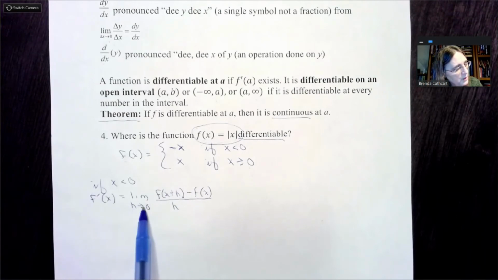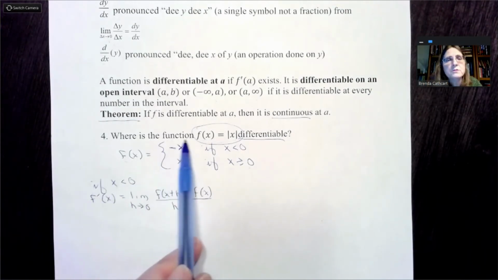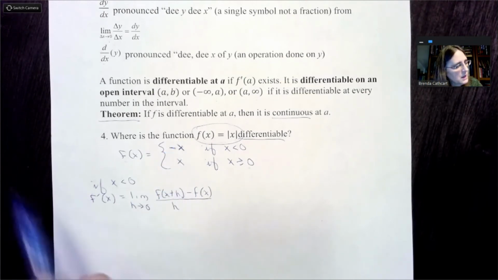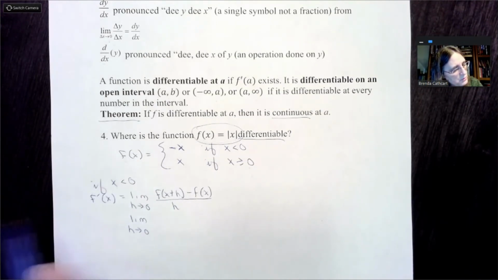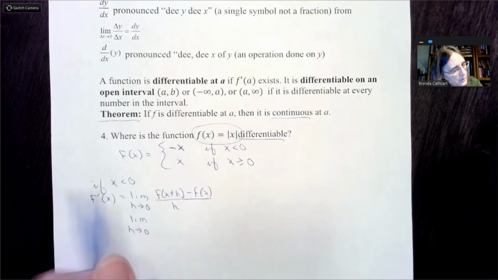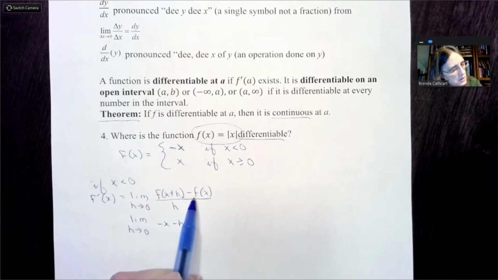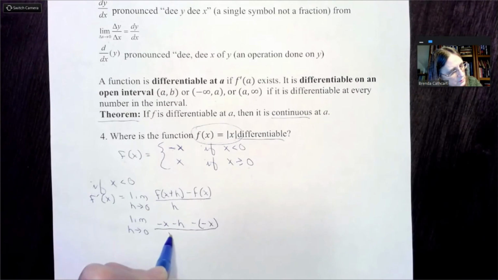Well, the rule that I'm using for this first side when x is less than 0 is the rule f of x equals negative x. So replacing x with x plus h gives us the limit as h approaches 0 of the negative of x plus h, so negative x minus h, minus f of x, so minus negative x, all divided by h.